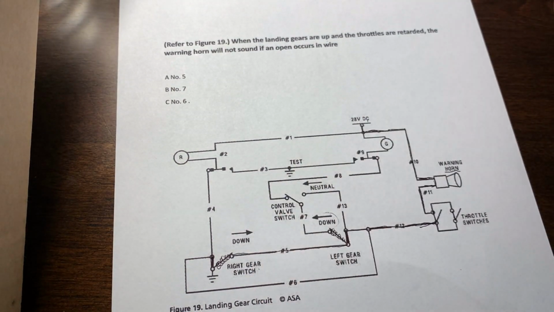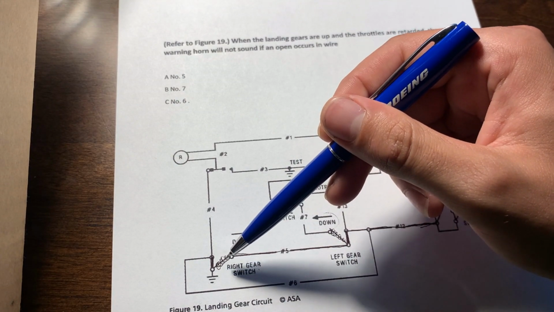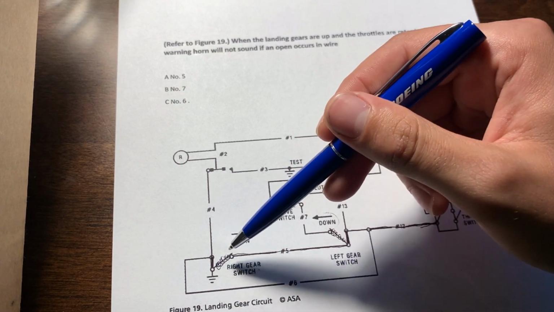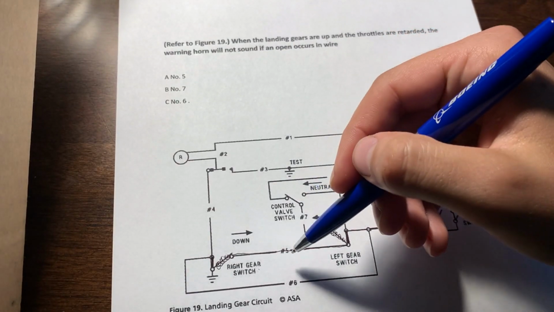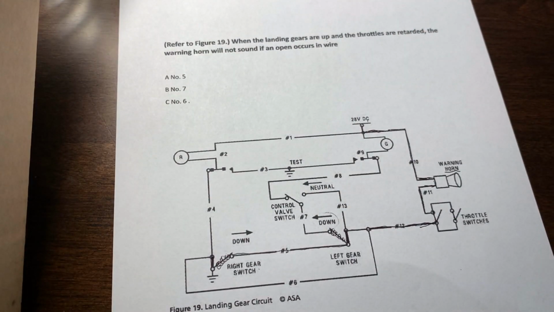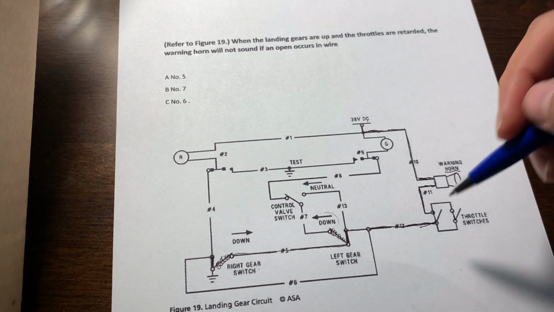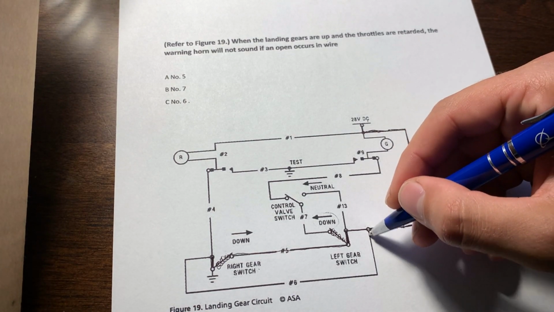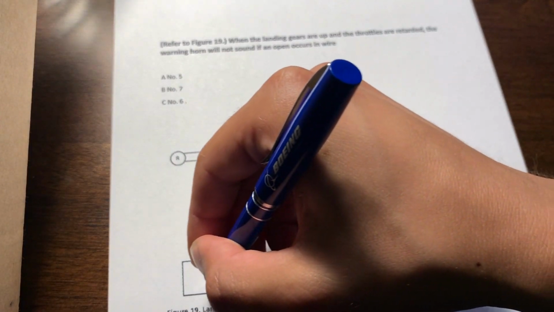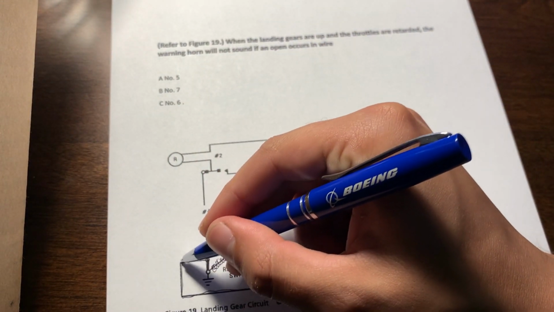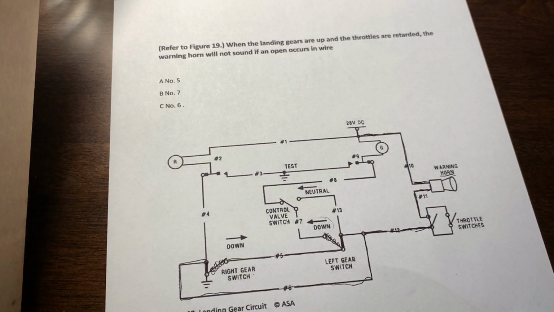Okay. Since the gear switch is up instead of down, there's no ground here to find. So we could eliminate wire 5. Okay, let's go the other path. Through 6, up, and we find ground.